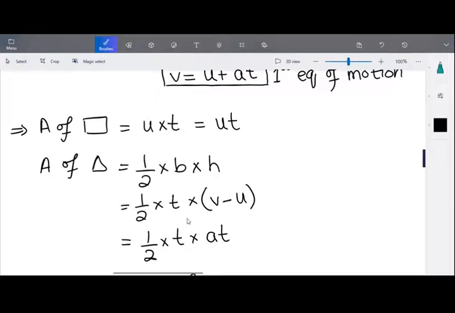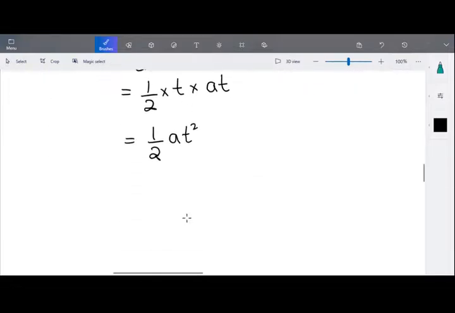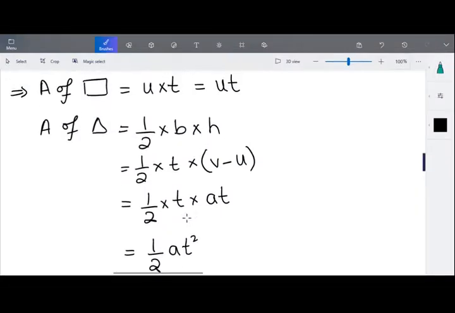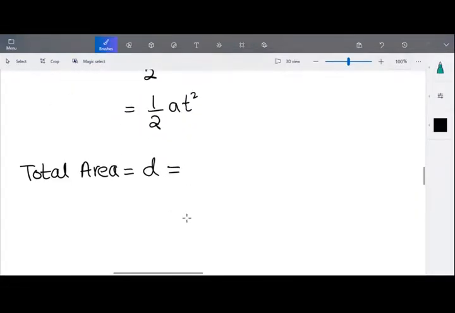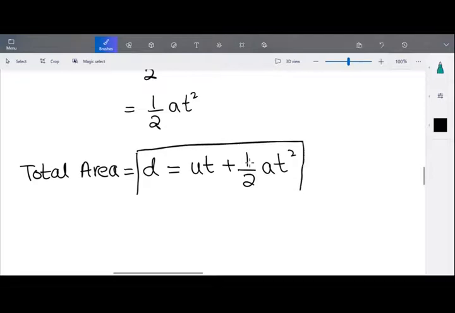So if I add both of these areas up, let's call this the total area. This is going to equal the displacement of the object, so let's call it d. We have ut for the rectangle, plus half at squared for the triangle. And so this is going to give us the displacement of the object.